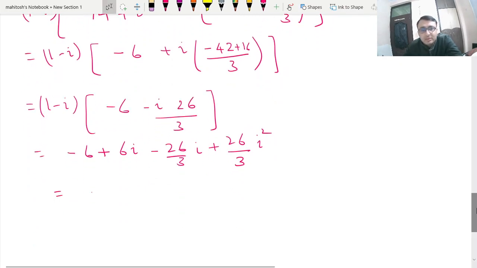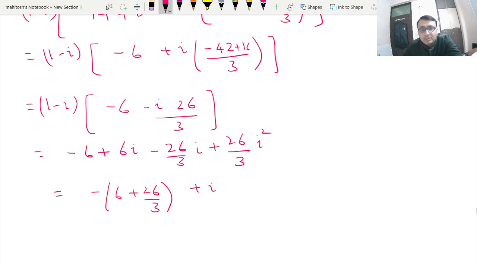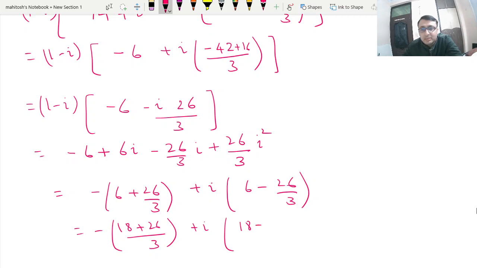So this is effectively minus 6 plus 26 by 3, plus i times 6 minus 26 by 3. So 18 plus 26, and this is 18 minus 26 by 3, so this effectively we get as 44 by 3 and 8 by 3.